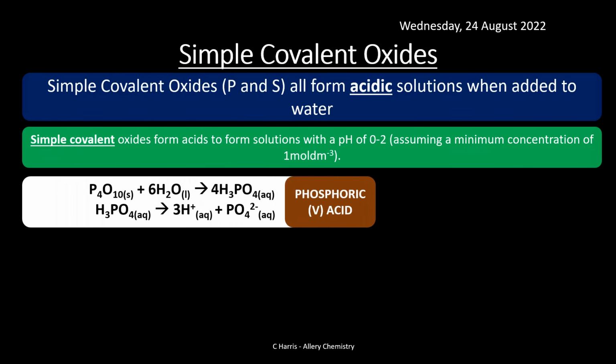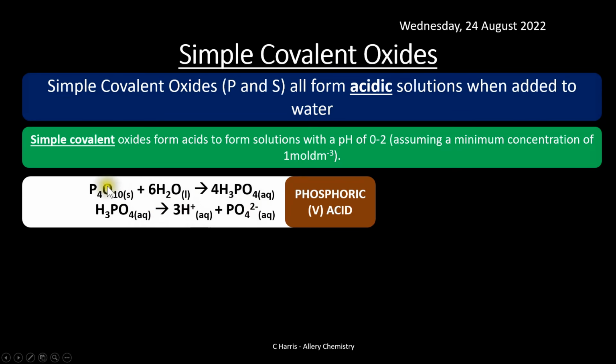So let's have a look at some of these here. We've got phosphorus oxide reacting with water, and that forms H3PO4, which is phosphoric acid. This phosphoric acid can then dissociate to form your H+ ions, which makes it acidic, and some phosphate ions as well.